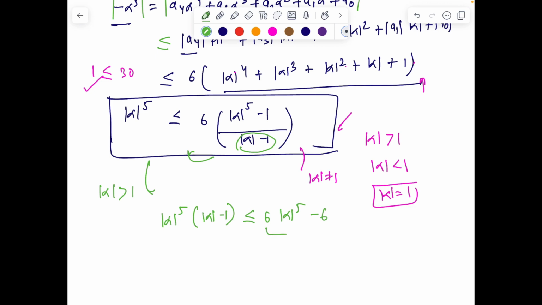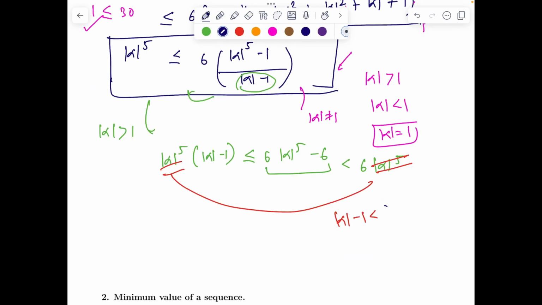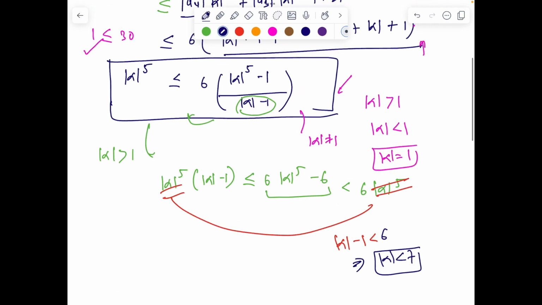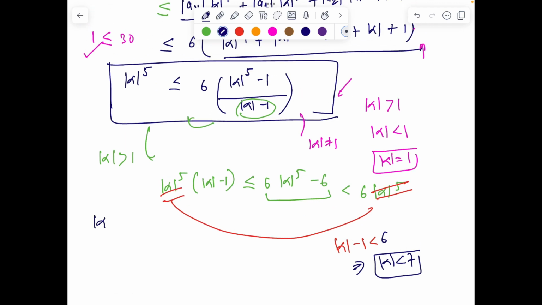And we know 6 times mod alpha^5 minus 6 will definitely be less than or equal to 6 times mod alpha^5, because we are subtracting something from it. So from this we can say it is less than 6, which evaluates to mod alpha is less than 7. Now what about the other case, when mod alpha is less than 1?